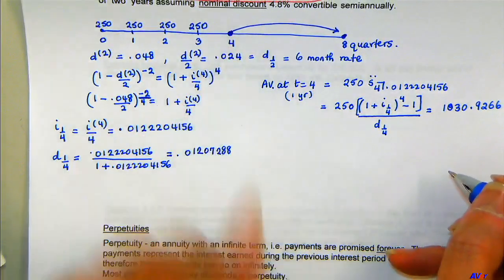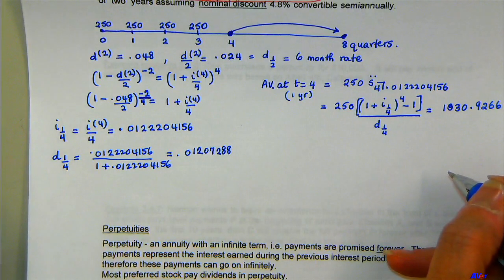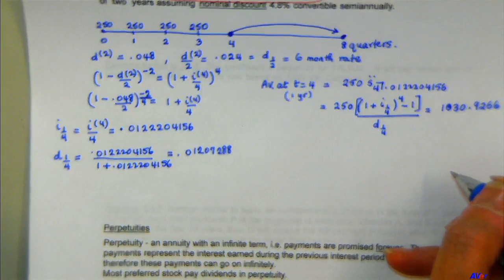And then I will now grow this. So I can either grow it by 1 plus i quarterly raised to the 4 quarters, or I can multiply it by 1 minus d quarterly to the minus 4 power. They're the same, right?